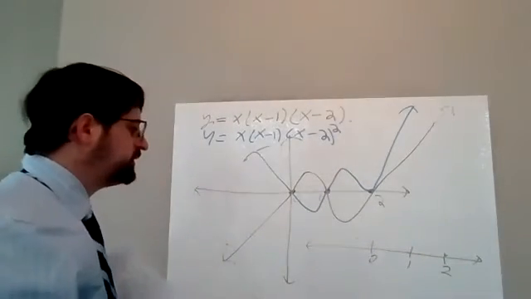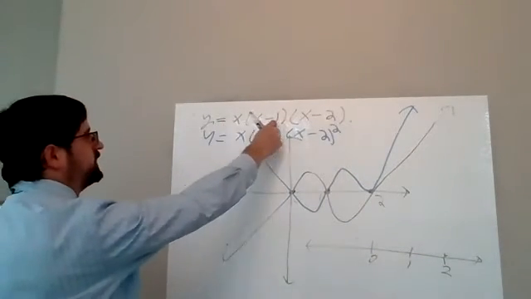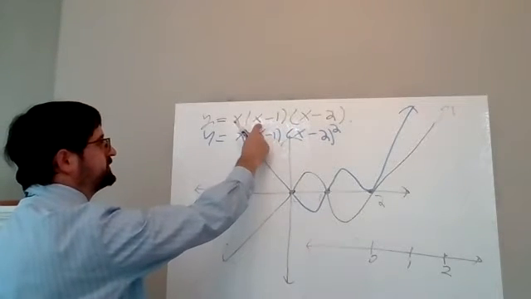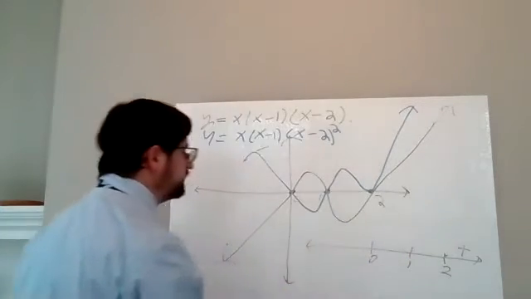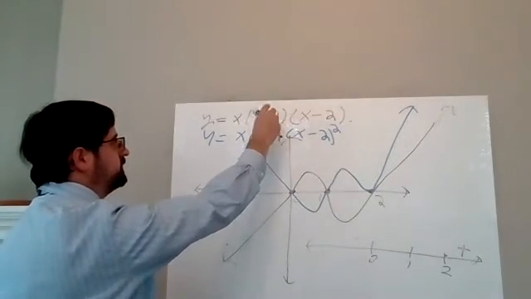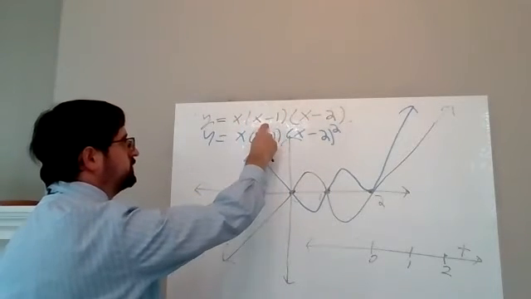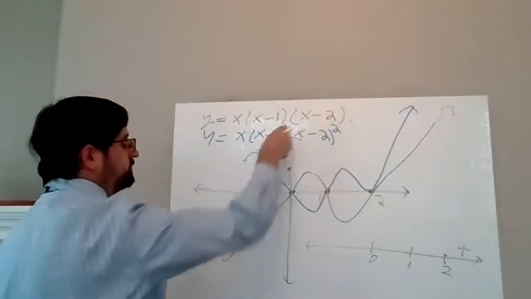We have 0, 1, and 2 on a line. And now I can plug a number into x. If x is 3, this is positive, positive, positive. This region is positive. If x is between 1 and 2, say it's 1.5, positive, positive, negative, because 1.5 minus 1 is a half, and 1.5 minus 2 is negative a half.